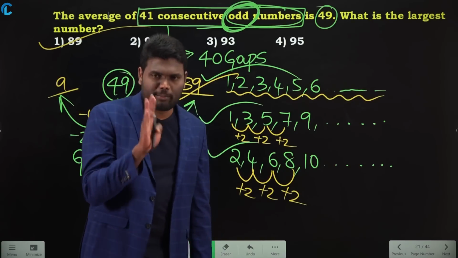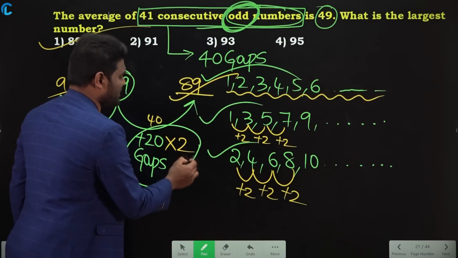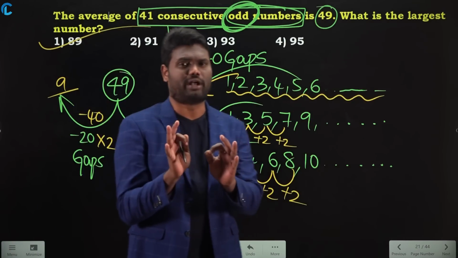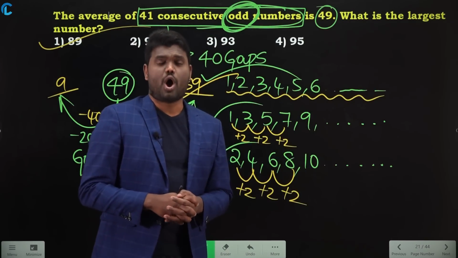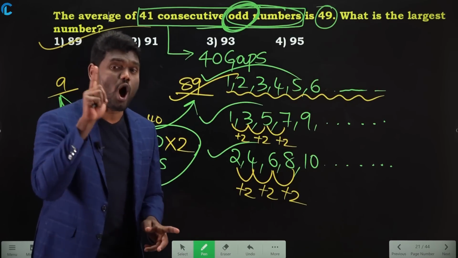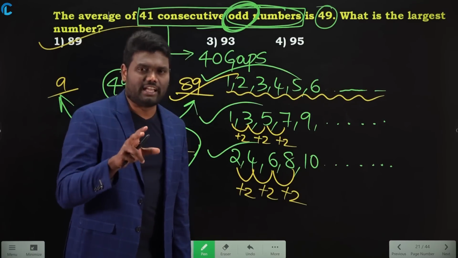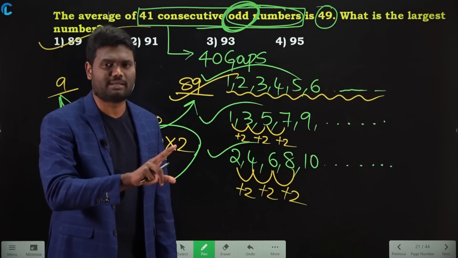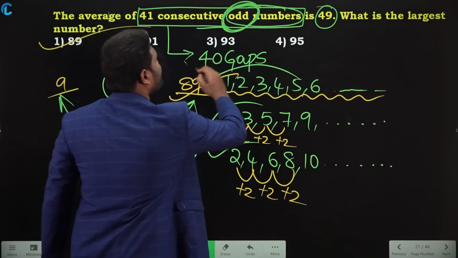Look here. One more important point. Observe here carefully. If you are having any difficulty in these places, just remember one simple point. Whenever the question is about odd numbers or even numbers, if you need to find the highest number or lowest number, you can directly add the number of gaps.